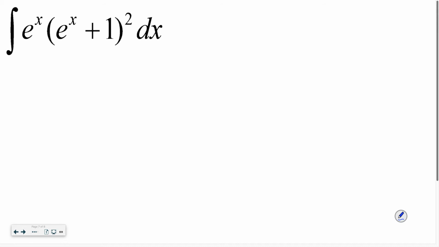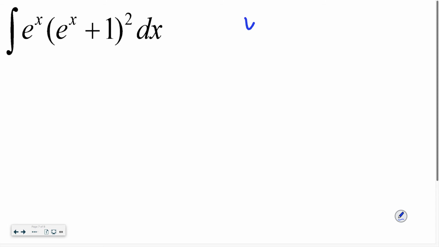Okay. There are a couple different ways we can approach this problem. What do you think? What comes to mind for you? Okay, so I have one person saying we can multiply all of this out and then multiply it by e to the x. Dangerous.